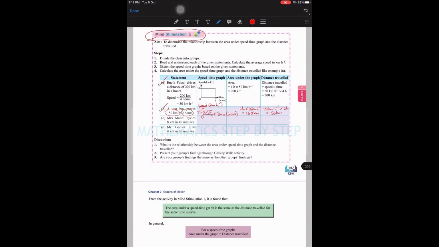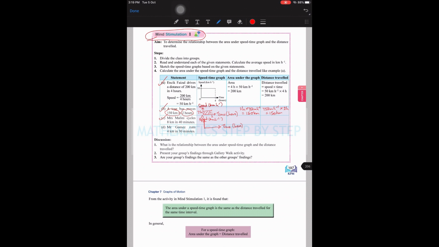Okay, then part C. Mrs. Malani cycles 8 km in 40 minutes. So the speed is in kilometer per hour, and then the time is in hours. Okay, I'll convert it into hours first so that it is easier when we calculate the area under the graph.